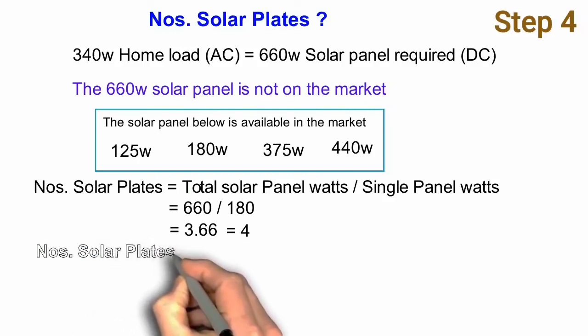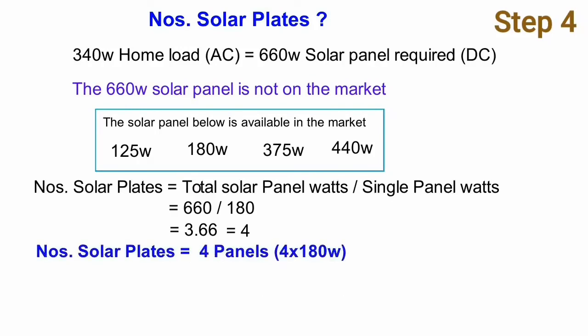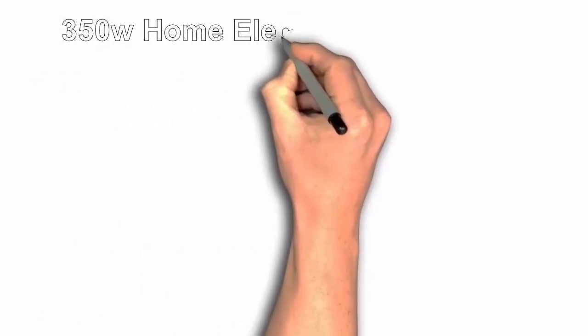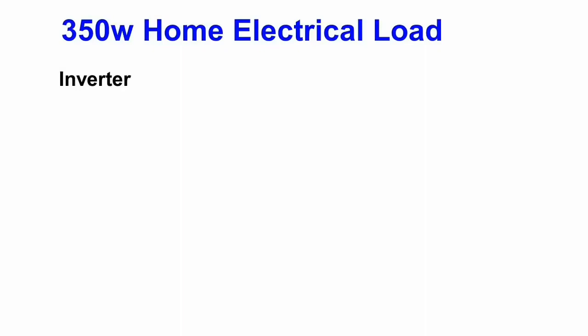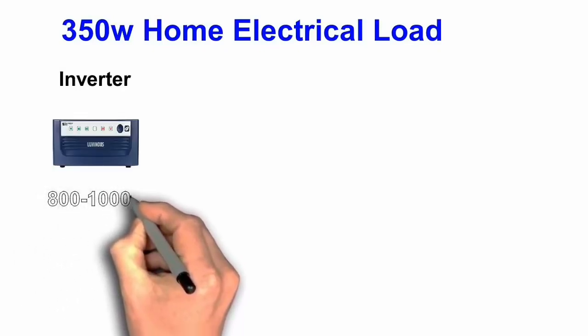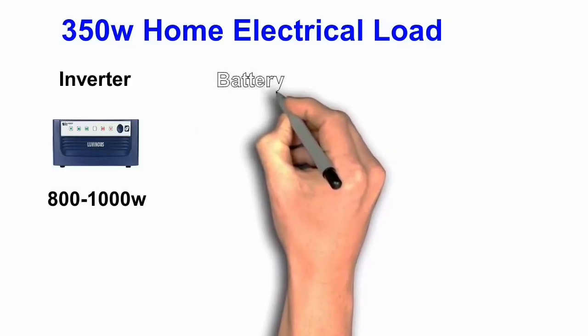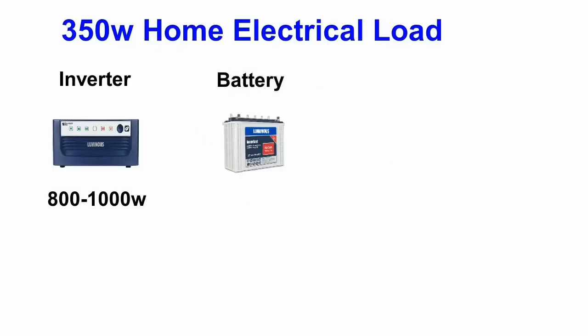But this is one easy way to do it: just divide the total wattage of the solar panel by one you know is usually found in the market. In this case, we're using 180, and you can see we have an average of 3 point something. Rounding up to 4, that means we need about 4 panels of 180 watts rating. So that's basically how you make your selections for solar panels.